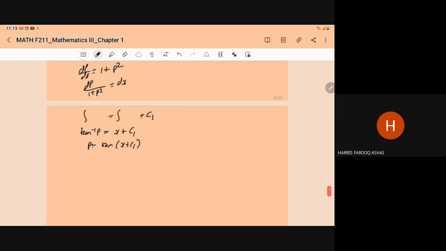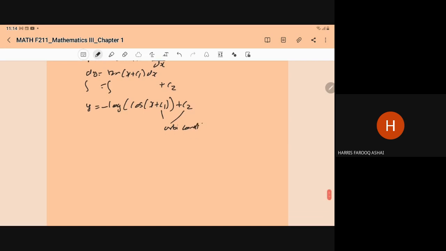So p is tan of x plus c1, and p, you know, is equal to dy by dx. So again you can separate the variables. It will become dy is equal to tan of x plus c1 into dx, and integrating on both sides, here you have to add the second constant of integration.